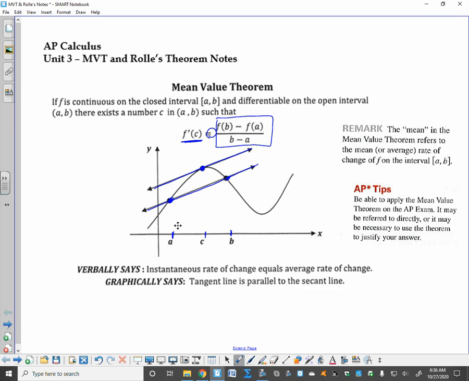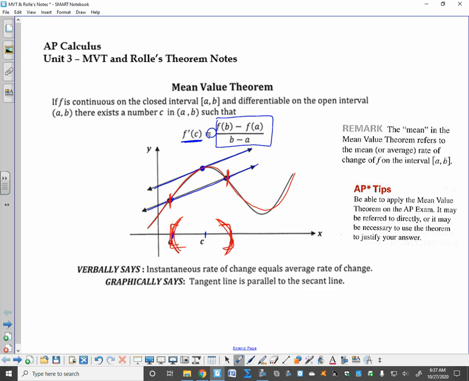So this is my interval, and my function, which is this guy, has to be continuous on the closed interval, differentiable on the open interval. Okay, so from here to here, got to be continuous, got to be differentiable. So continuous, and then no sharp turns and no vertical tangent lines.